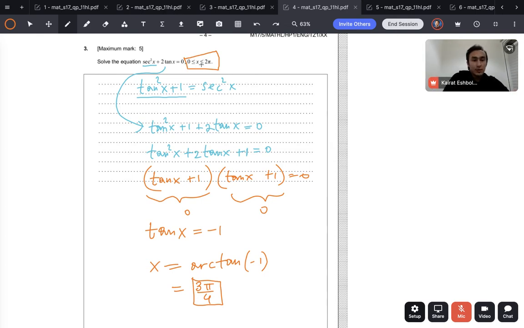Usually, when the domain is between 0 and 2 pi, there are usually 2 solutions, or maybe more. This is the first solution, 3 pi over 4.